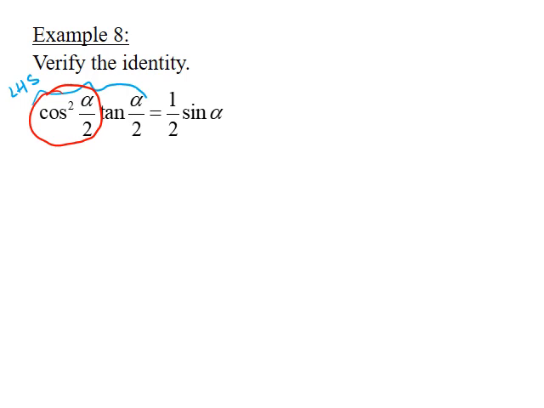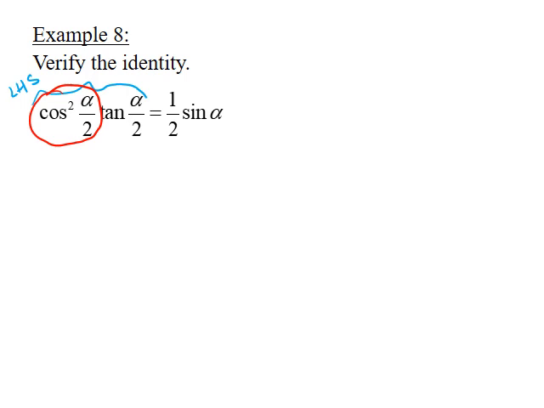when I look at this, a couple things stand out to me. And one of them is that this is a half angle formula. But the other is that this might require a power reducing formula as well. So, you know, it's really up to you which approach you take.